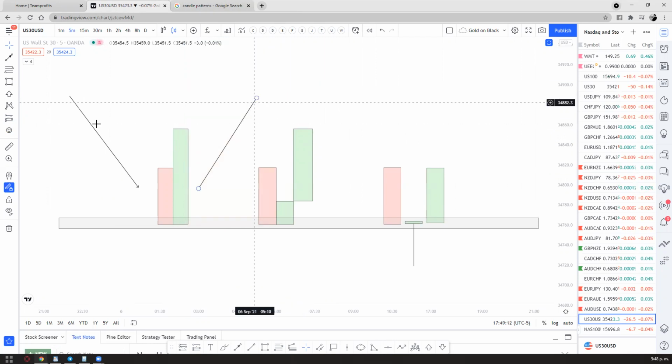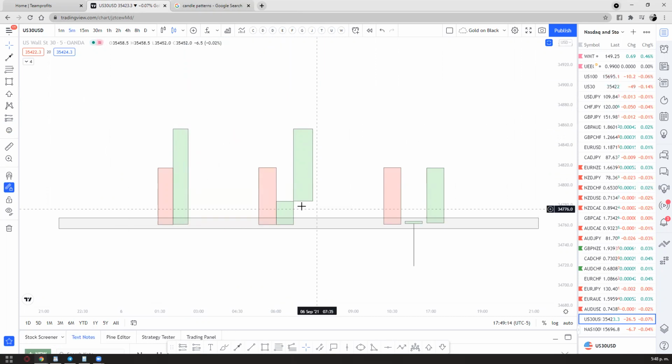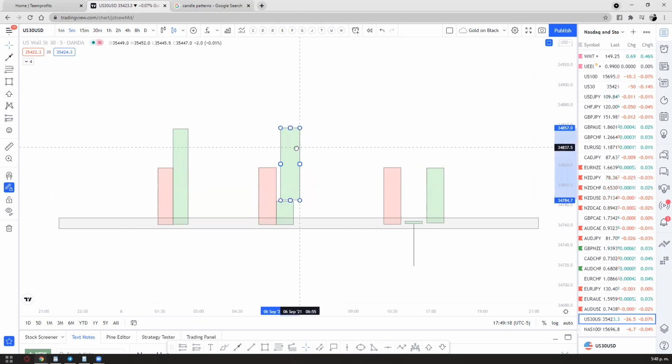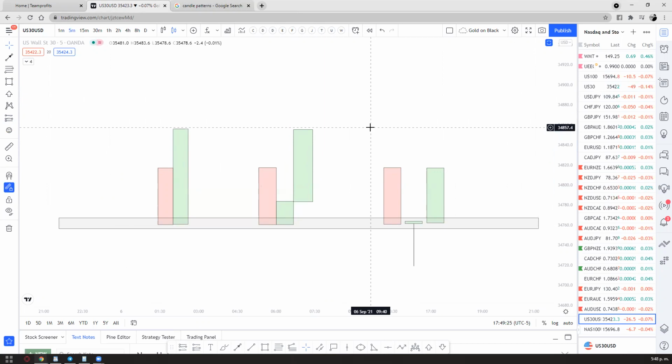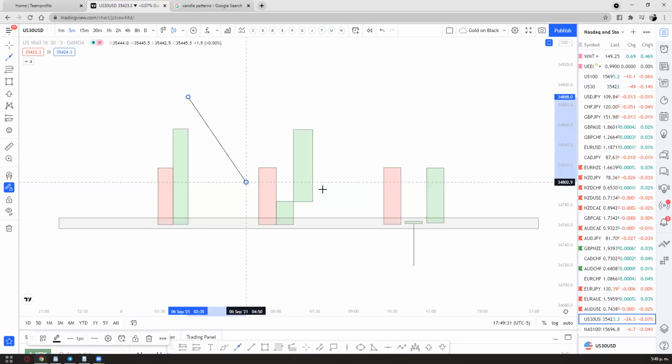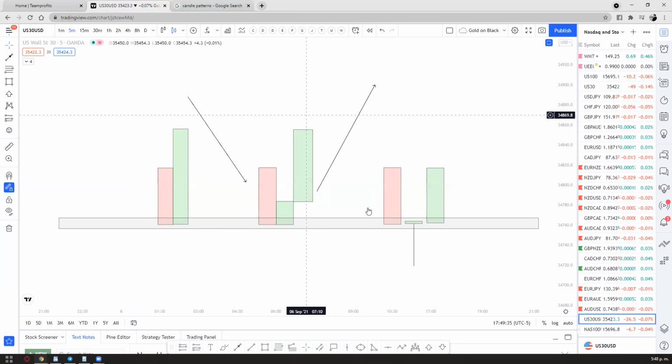This one right here is called a three candle reversal pattern. It's basically an engulfing candle. If you drag this one right here, it is this one basically. It is a three candle reversal pattern, and you find this as well at the bottom of a trend. If there is a strong support, sometimes you might find that, and usually that is the direction.